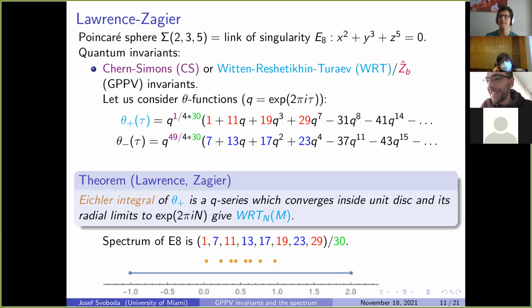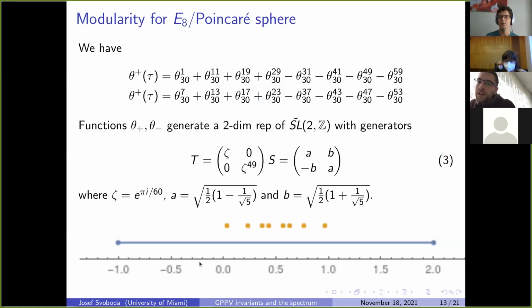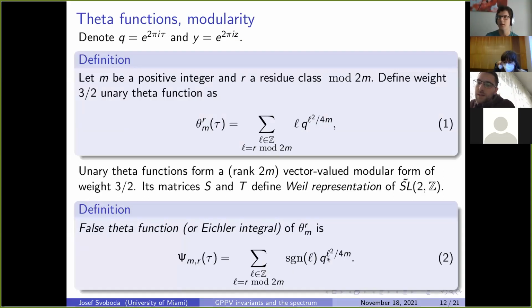Yeah, of course there are infinitely many terms. But if you write it in this form of these Eichler integrals, you just have a few residue classes, right? Because it kind of repeats.